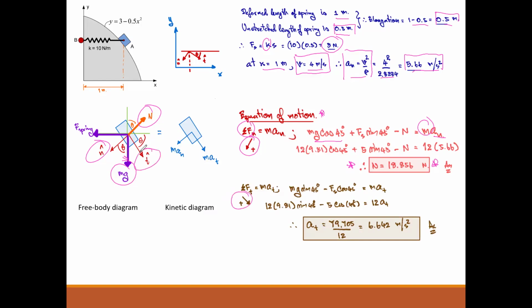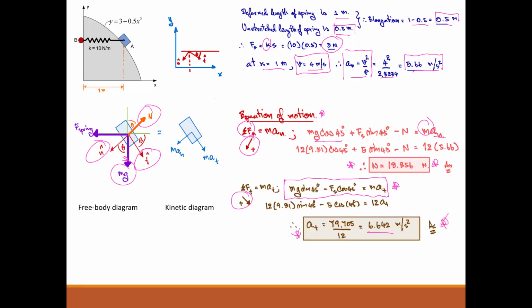So for this case, we can derive the equation of motion in tangential direction by this equation, and after we substitute every value into this equation, we can determine the acceleration in tangential direction equal to 6.642 meter per second squared. And this is the answer. The answer is just only this.